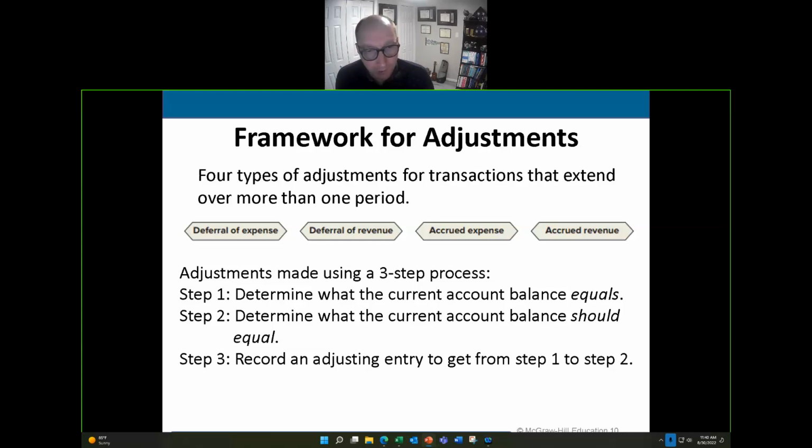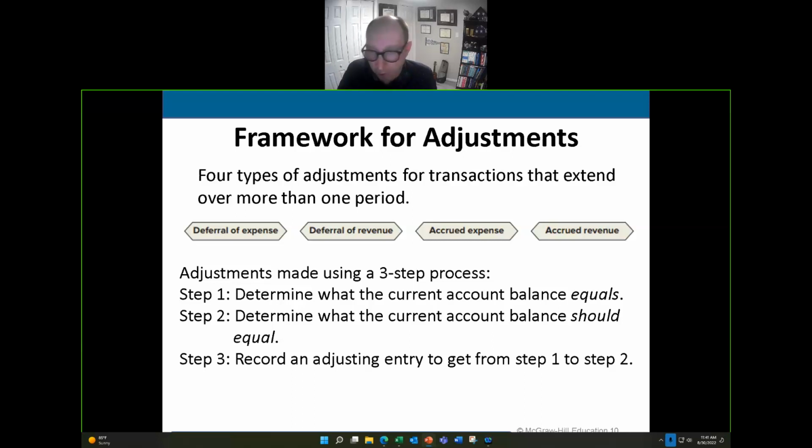The first thing we do is identify the current amount of the balance. The second step is we identify what it should equal. Sometimes there's going to be a difference.